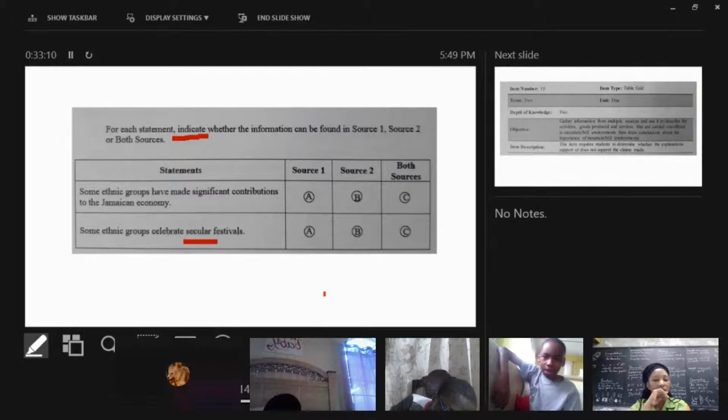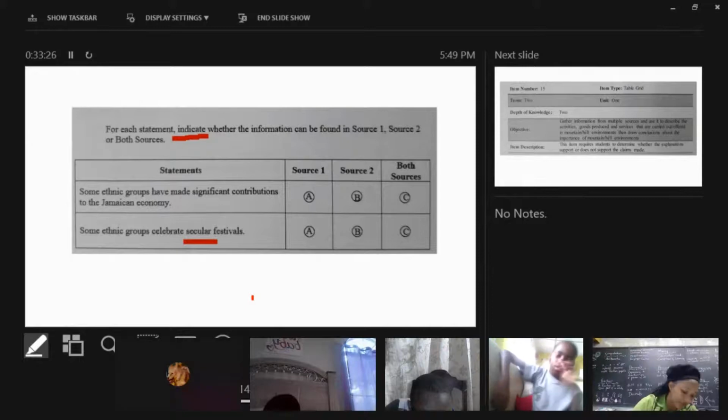Some ethnic groups have made significant contributions to the Jamaican economy. Some ethnic groups celebrate secular festivals. What are secular festivals?